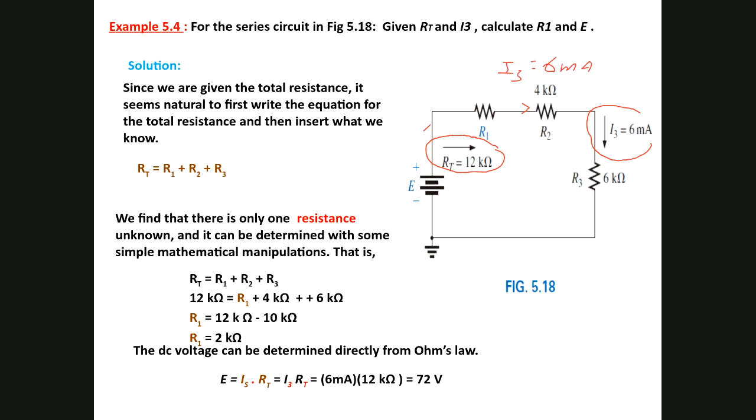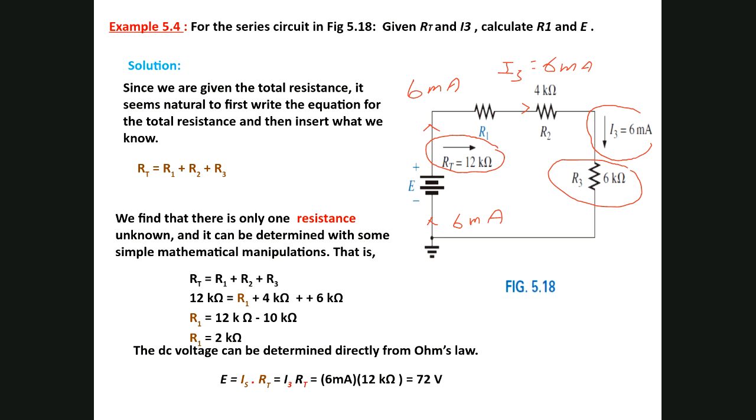And I know the property of the series circuit, the current will be the same. So the current starts from positive through all the resistors here and back again as 6 milliamp. So you have here the current, you have here the resistor, then I can find the voltage drop here.